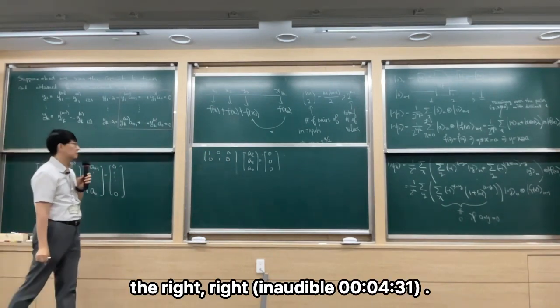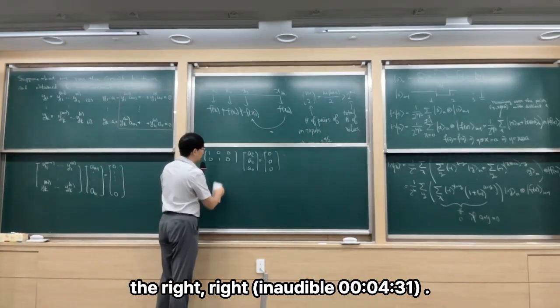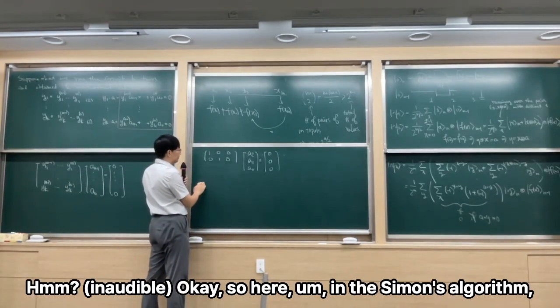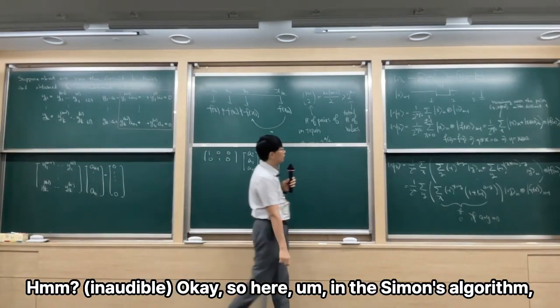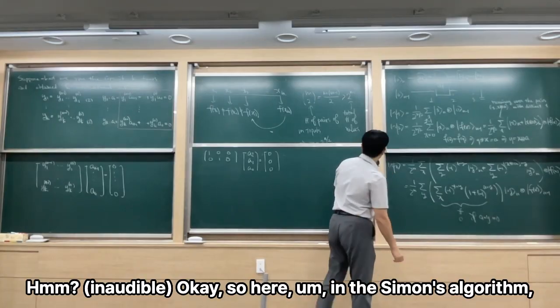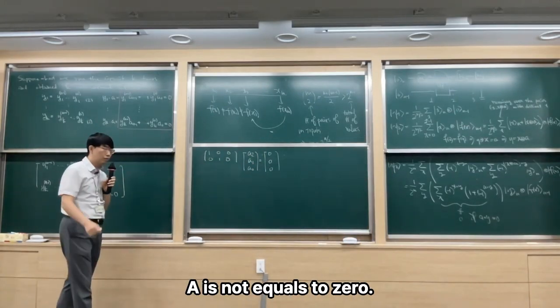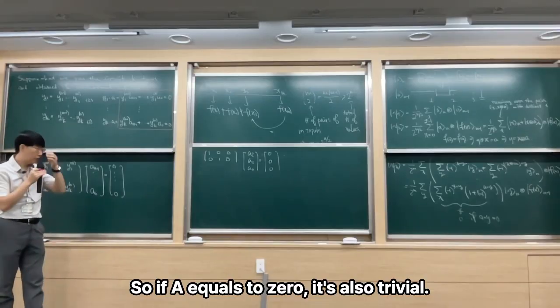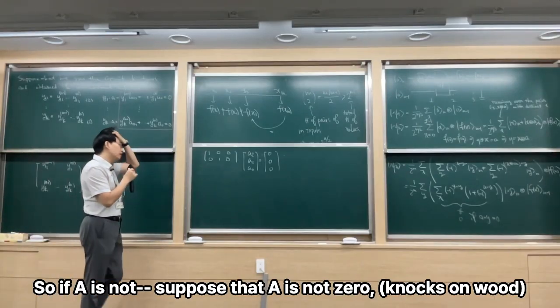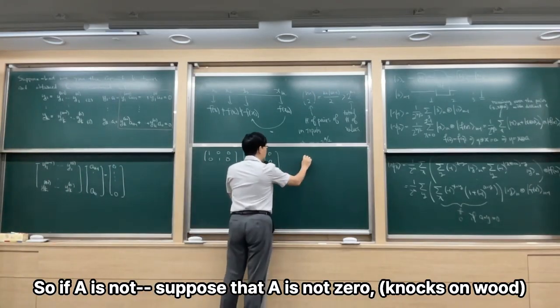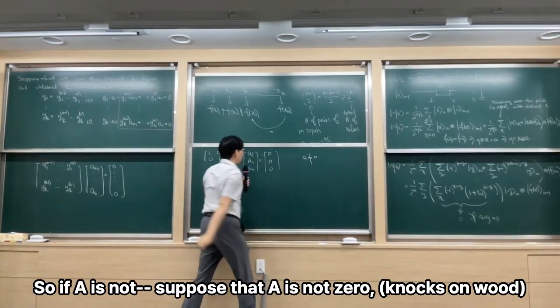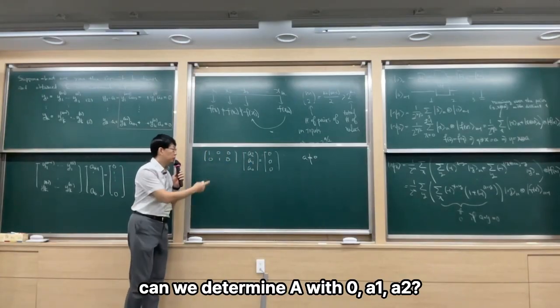Here in Simon's algorithm, we also assume that A is not equal to 0. If A equals 0, it's also trivial. So suppose that A is not 0, can we determine A0, A1, A2?